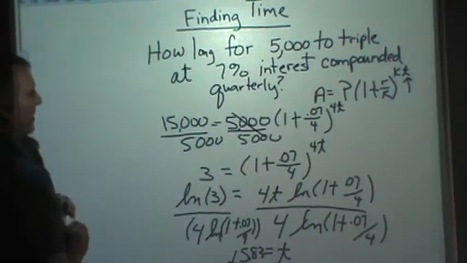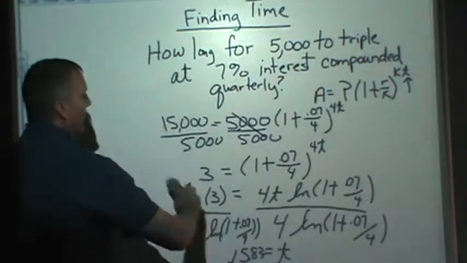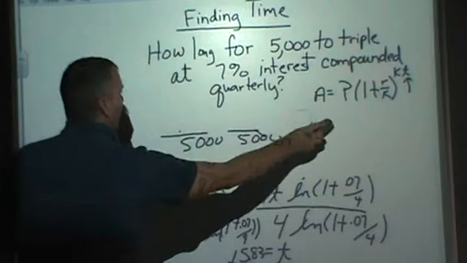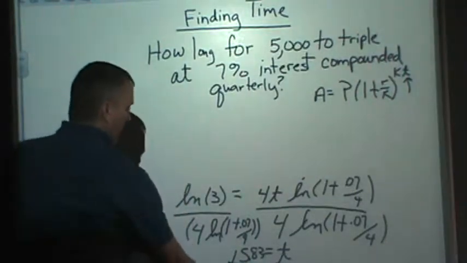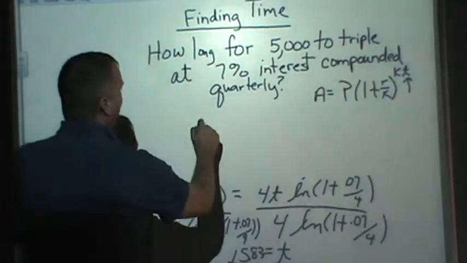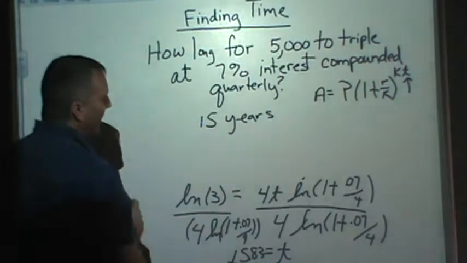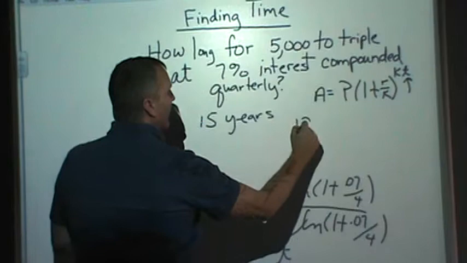So we're good there. So I'm going to go back and erase a little bit here. So we have 15 years. If we want to find out what that 0.83 is, there's 12 months in a year.